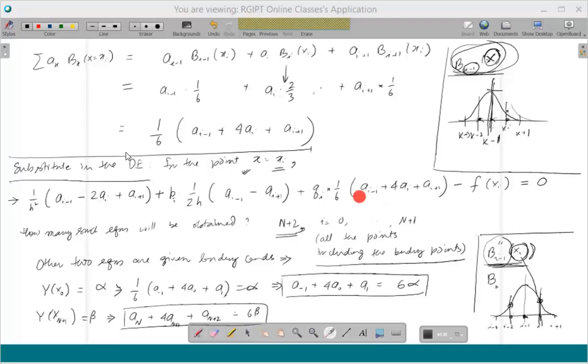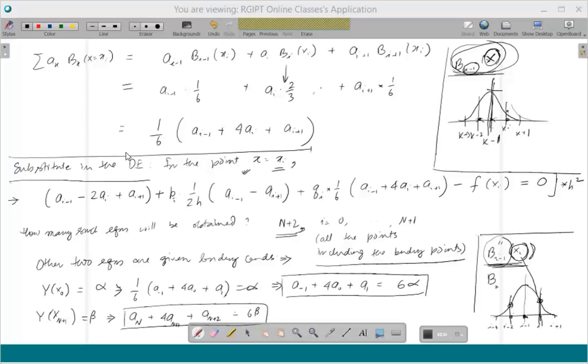So we collect the terms and write down: for example, i minus 1 together, i together, and i plus 1 together. The first thing I can do is multiply with h square so that this gets cancelled out, maybe 2h square.